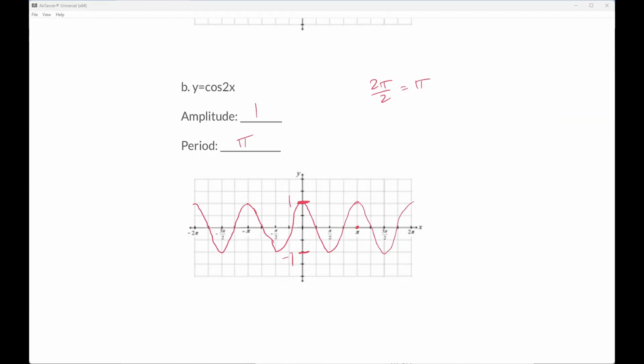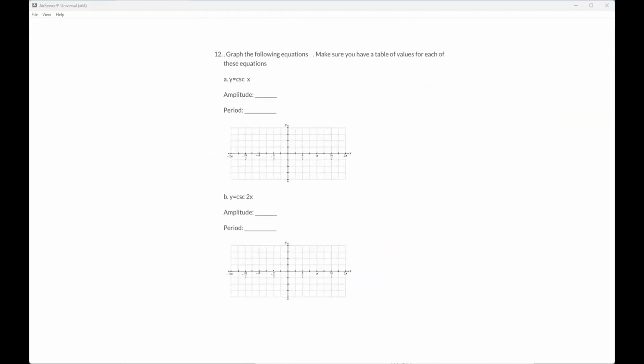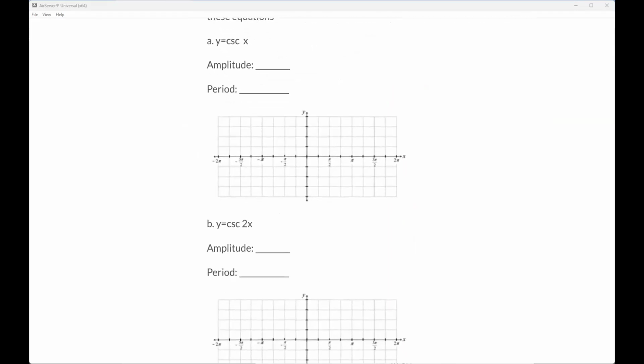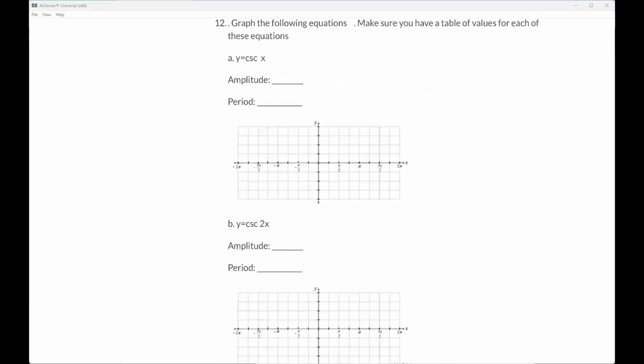That was number, what number was that? Last page. Cosecant, that one's pretty easy. We did that one just now, right? Yeah, you should probably graph the sine. So it was this. I'll probably give you something a little bit harder on this one. I'm going to tell you that right now. I'm probably going to give you a transformation, and it'll probably come from the worksheet that you guys have.